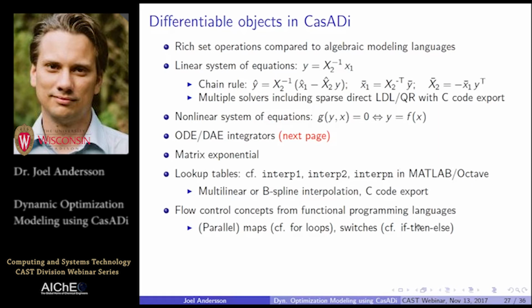We have been working, over the last couple of years, trying to do as much as we possibly can also in the case when we don't have analytical derivatives, or when we cannot break it down into CasADi's symbolic atomic operations. So that's why we added support for being able to add external functions into CasADi expressions.